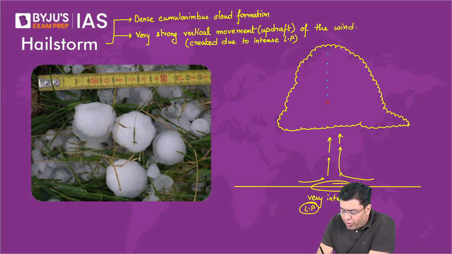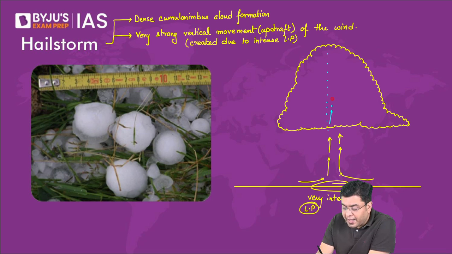Now, as it falls, gradually it starts melting sometimes. Then, in the process, it encounters this vertical wind or the updraft. That is when this ice particle is again pushed up. When it gets pushed up, it will refreeze.